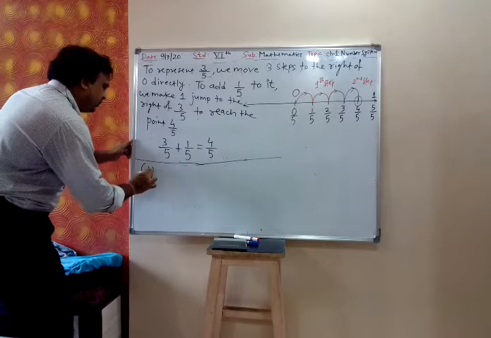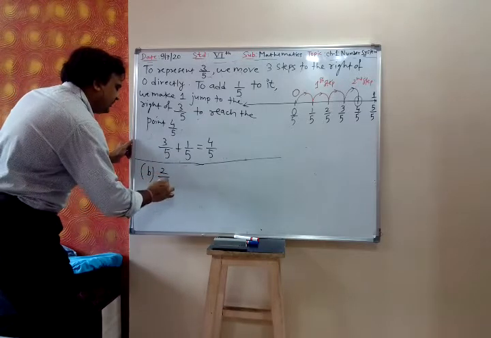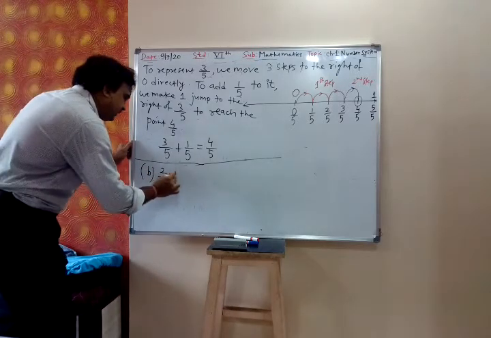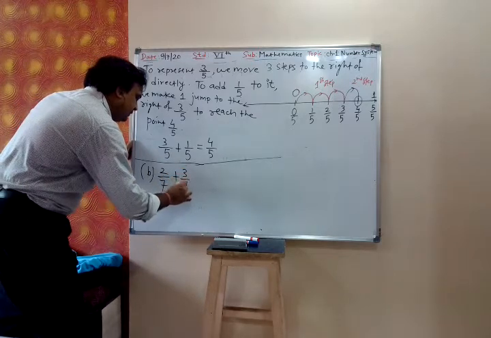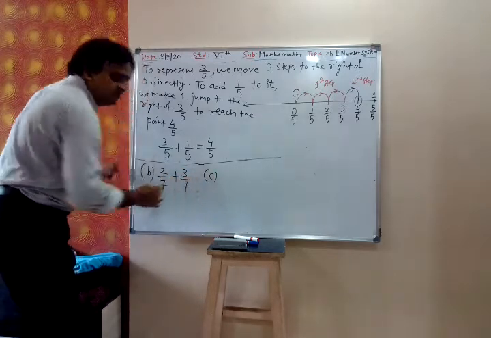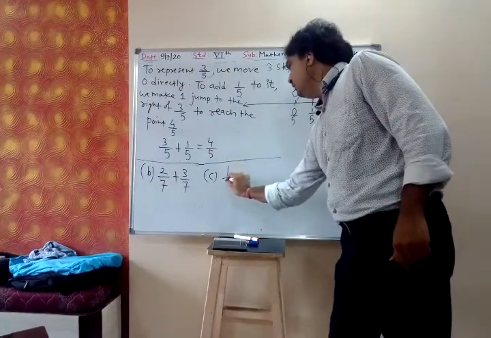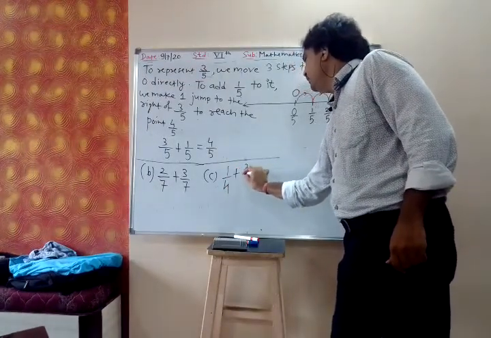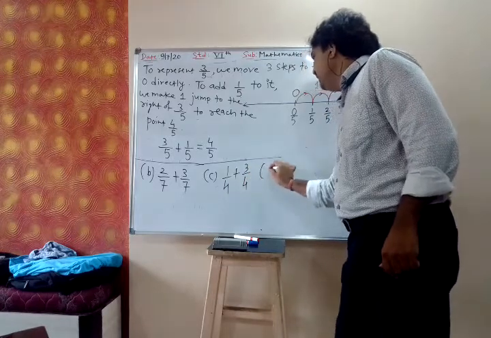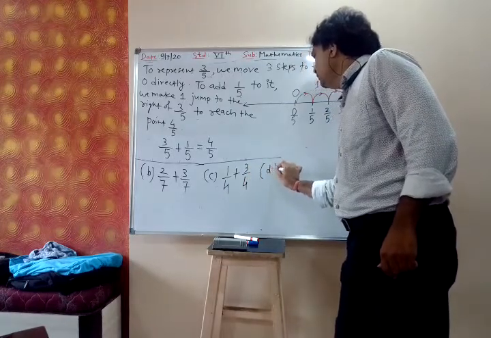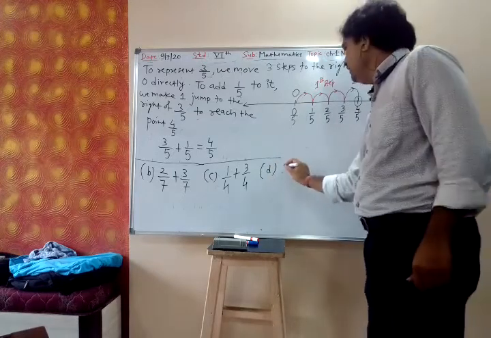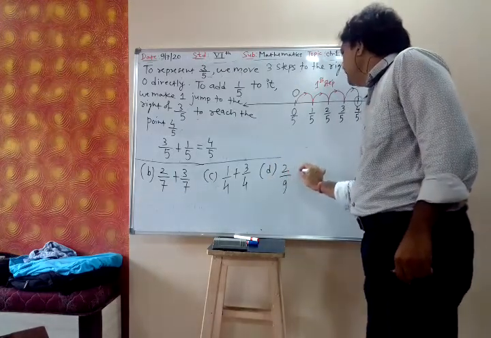B is 2 upon 7 plus 3 upon 7. Then the C part is 1 upon 4 plus 3 upon 4. Then the D part is 2 upon 9 plus 5 upon 9.